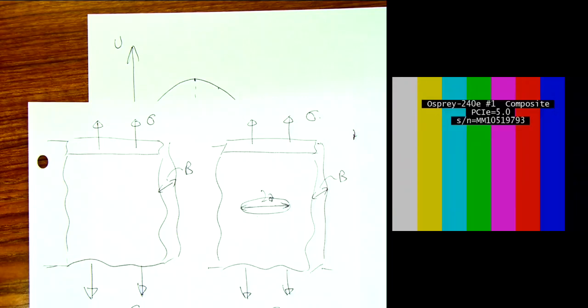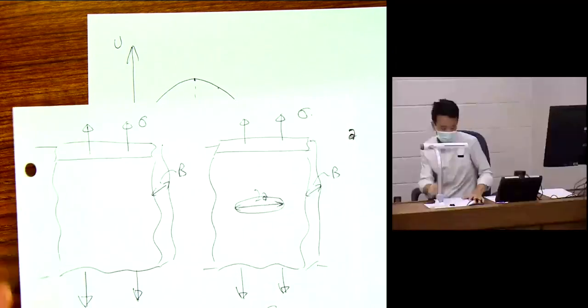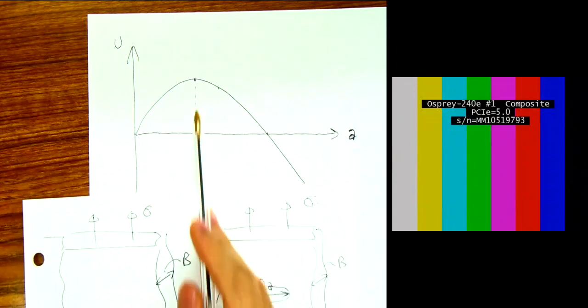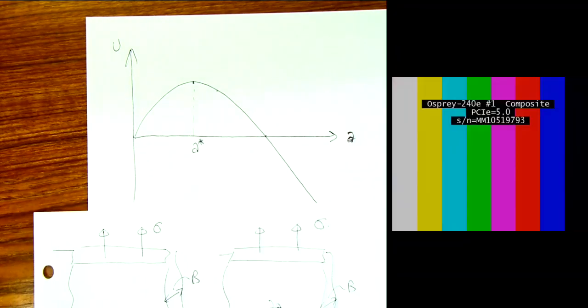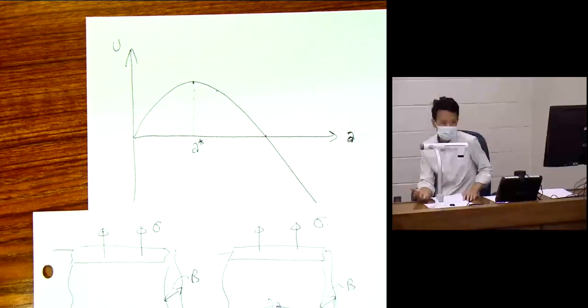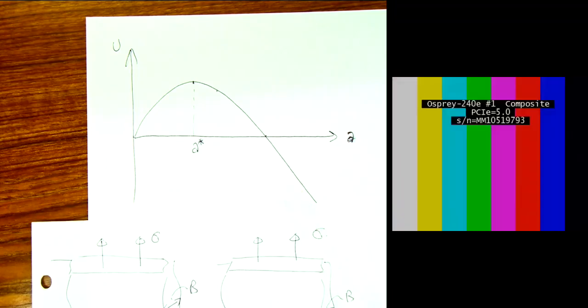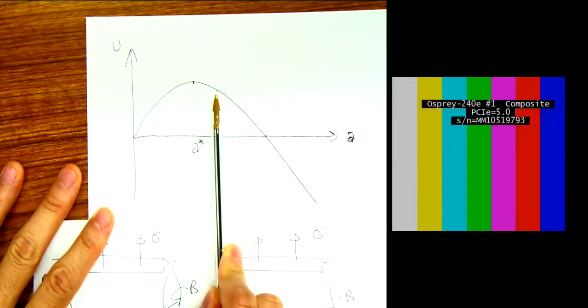But let's just think about this situation for the moment. I make a plate with 2A which is larger than 2A star. So a crack larger than this number. So what's going to happen? Is the plate going to crack or not? According to this, I'm over here. My A is larger than A star. Okay?